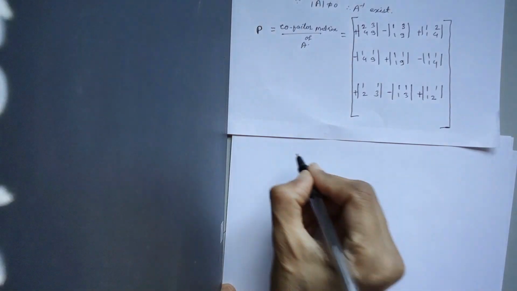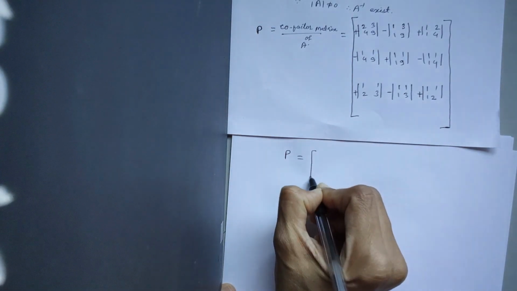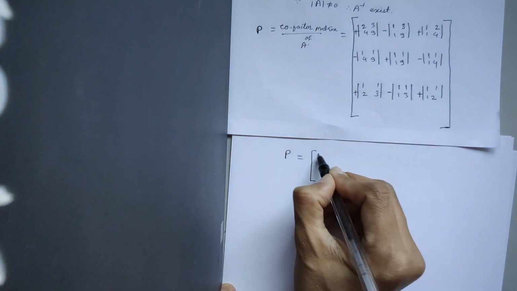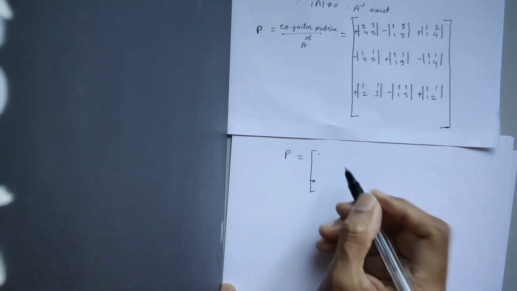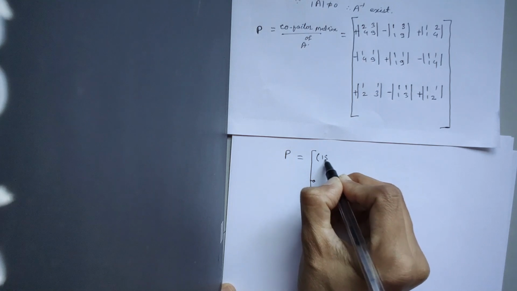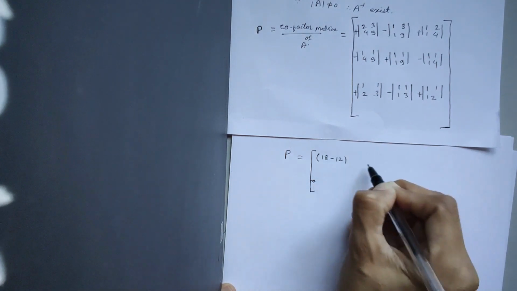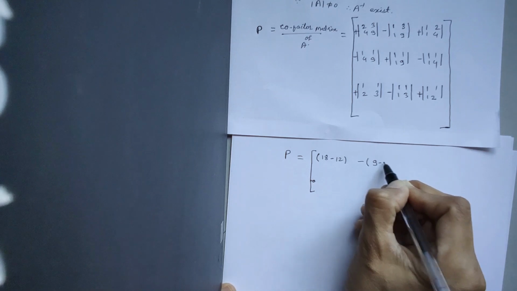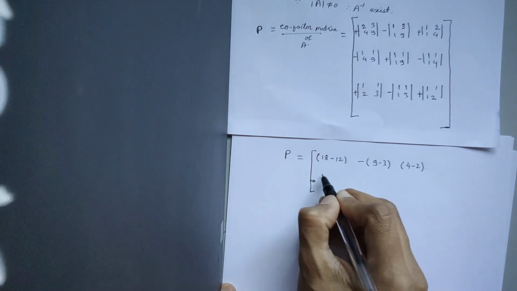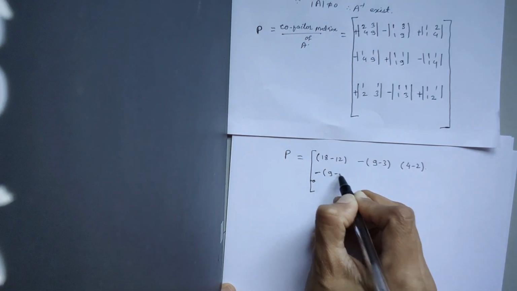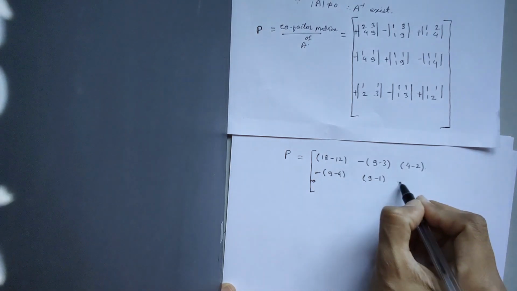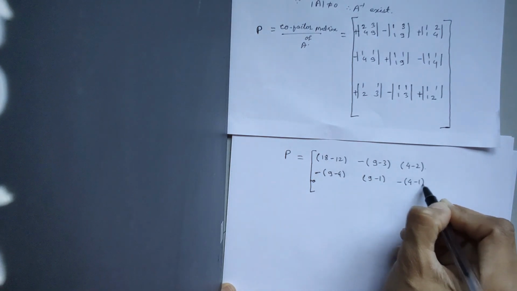So this P matrix will be, just to solve these determinants, 18 minus 12, 9 minus 3, 4 minus 2, minus 9 minus 4, 9 minus 1, 4 minus 1.